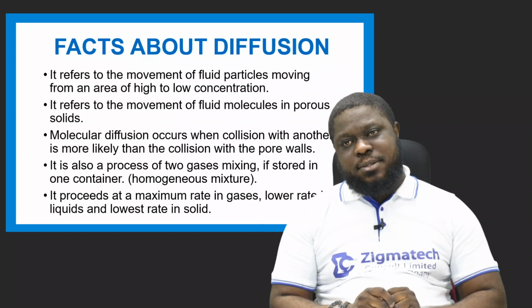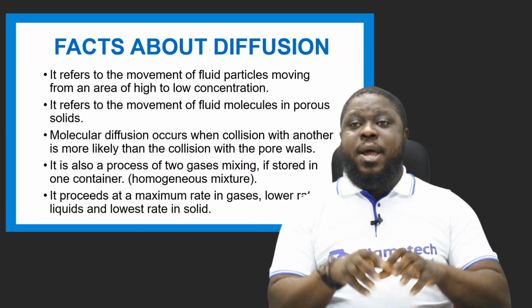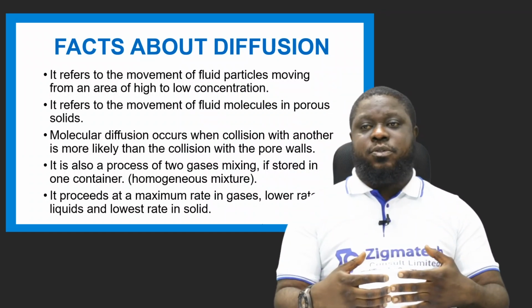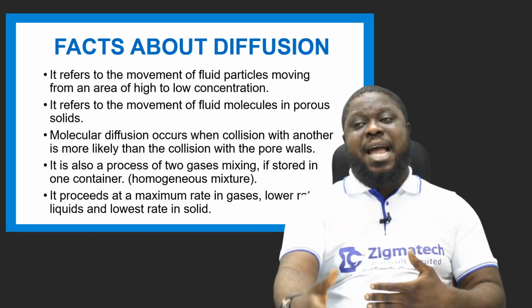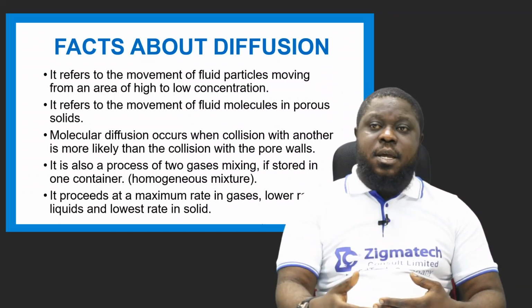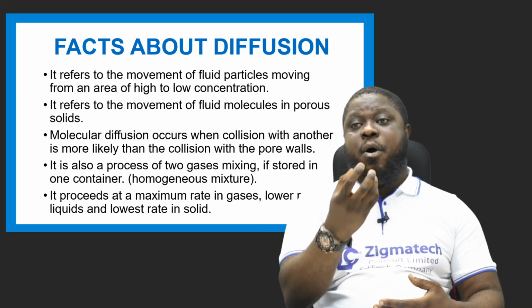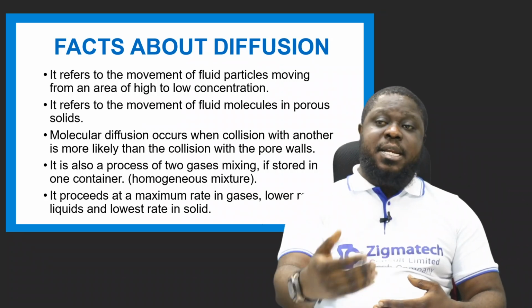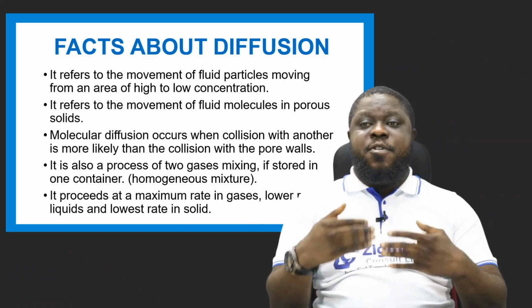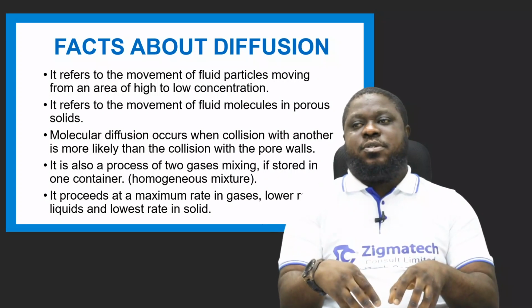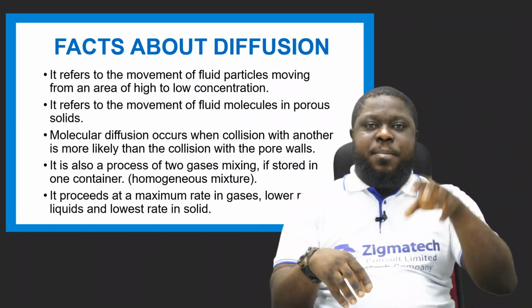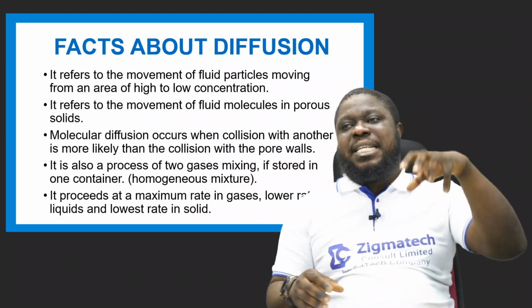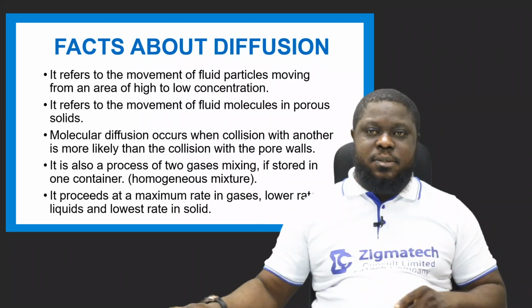So the fluid molecules move, fluid meaning the gas and the liquid. The vapor that comes out is a gas. The movement of their particles changes from a high concentration to a low concentration, and that is how diffusion occurs in melting.